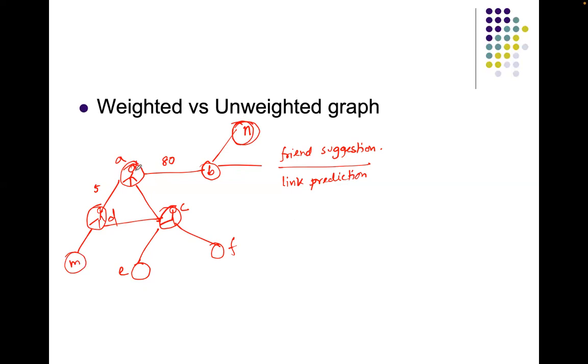You might think that since A and B are so closely connected, and B becomes a new friend with N, there is a chance that A might also know N. So your application may suggest node A to be friends with N. Now, D becomes friends with M, so there could also be a chance that A might know M, but here the friend suggestion between A and N is going to be much stronger.